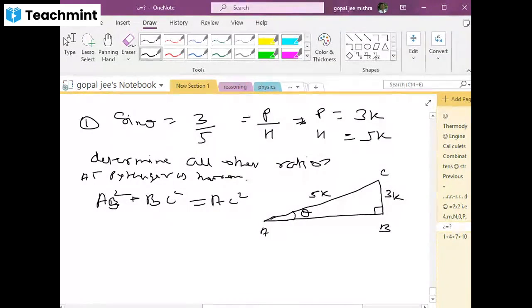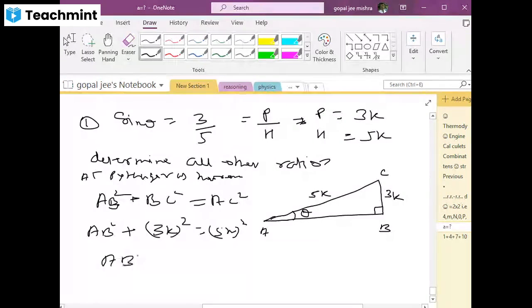We don't know the value of AB square, no matter. We have the value of BC as 3k and AC as 5k.